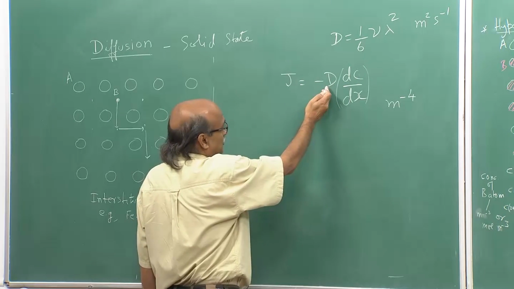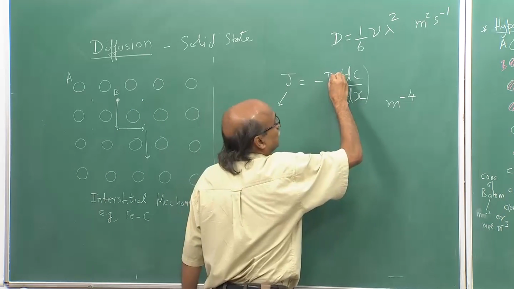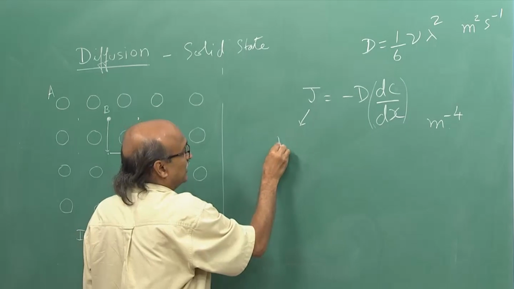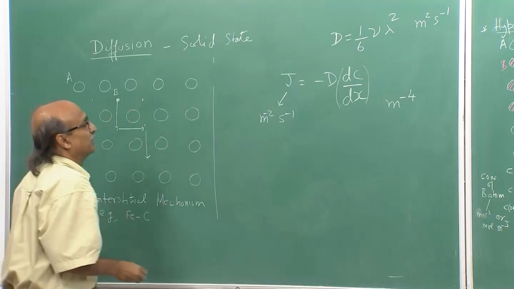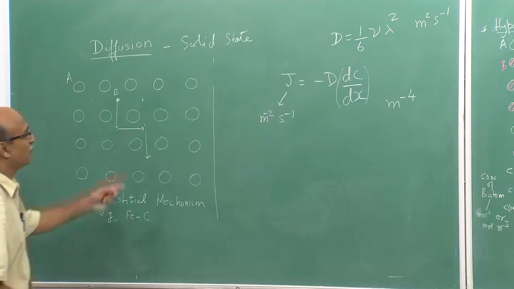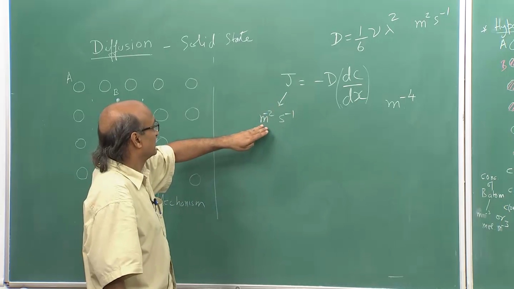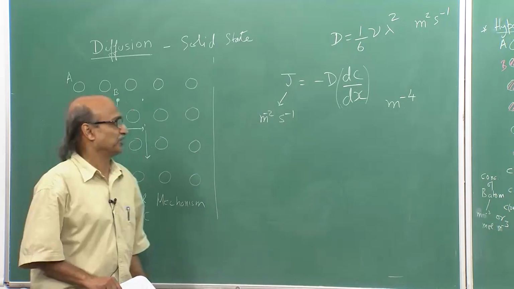And if you put the units for D and the units of this, the units of flux J is simply per meter square per second. So, the number of atoms moving in a certain direction through a plane of unit area in 1 second.